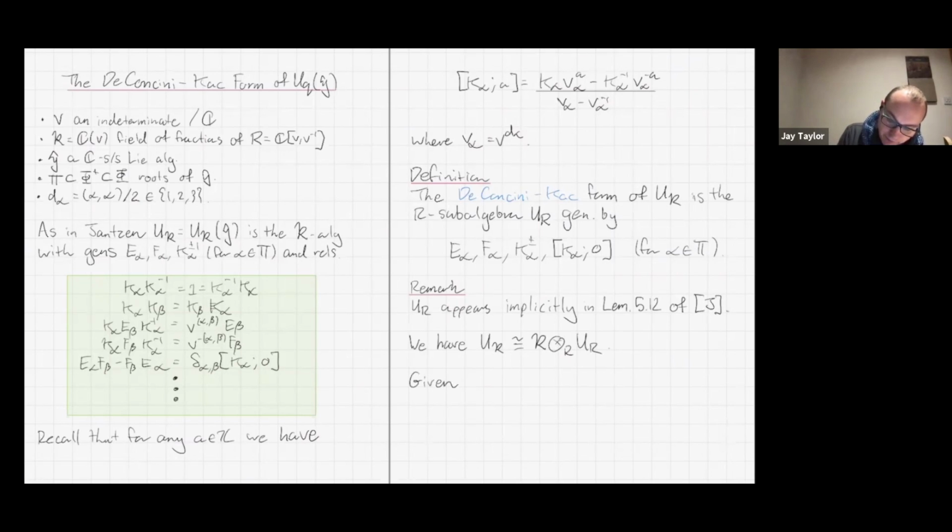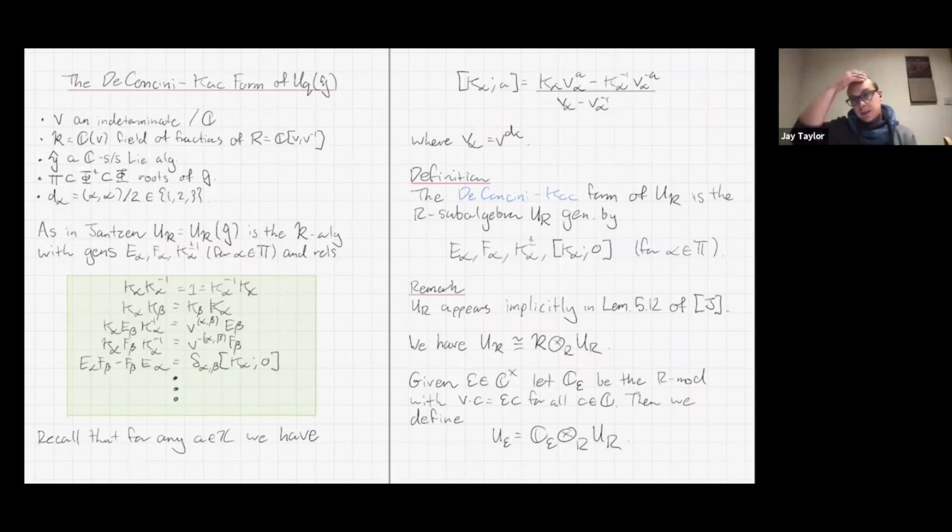interested in. So if we take epsilon, well, any non-zero scalar, let's just let C epsilon be the R module with V acting via scalar multiplication with epsilon for all C and C. Okay, then we define U epsilon just to be the specialization.